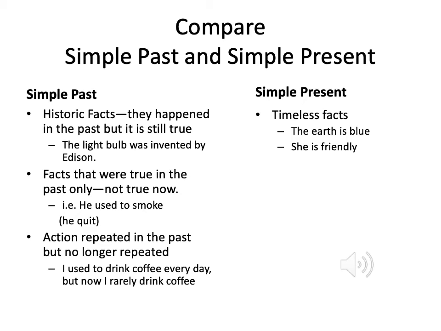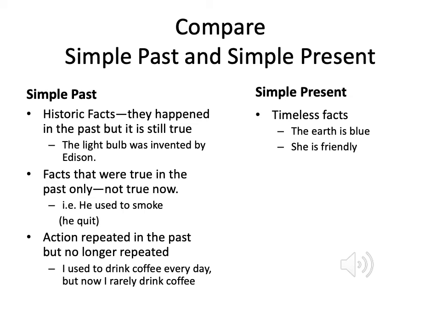We use it for facts that were true in the past only and are not true now. He used to smoke, but he quit, so it's no longer true. We use it also for action that was repeated in the past but is no longer repeated. For example, I used to drink coffee every day, but now I rarely drink coffee.